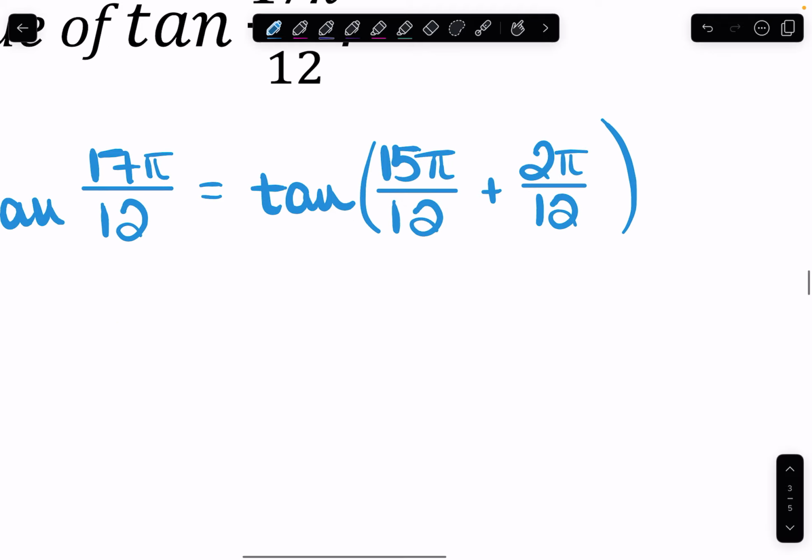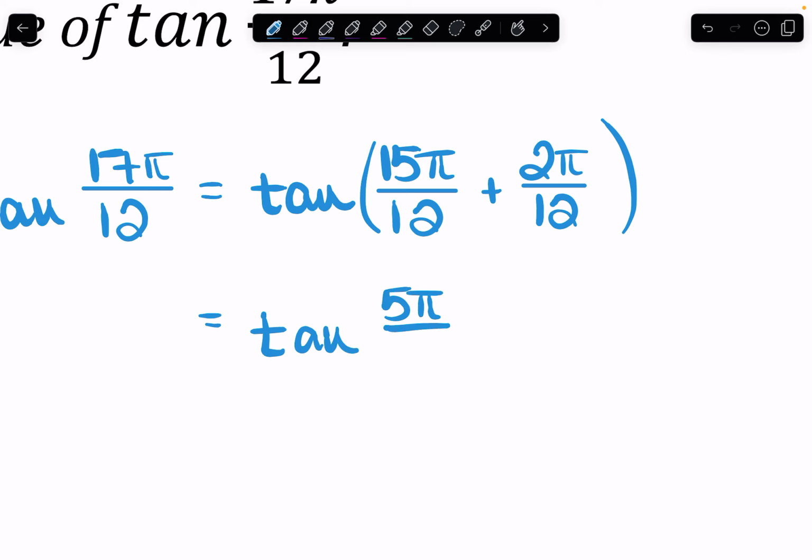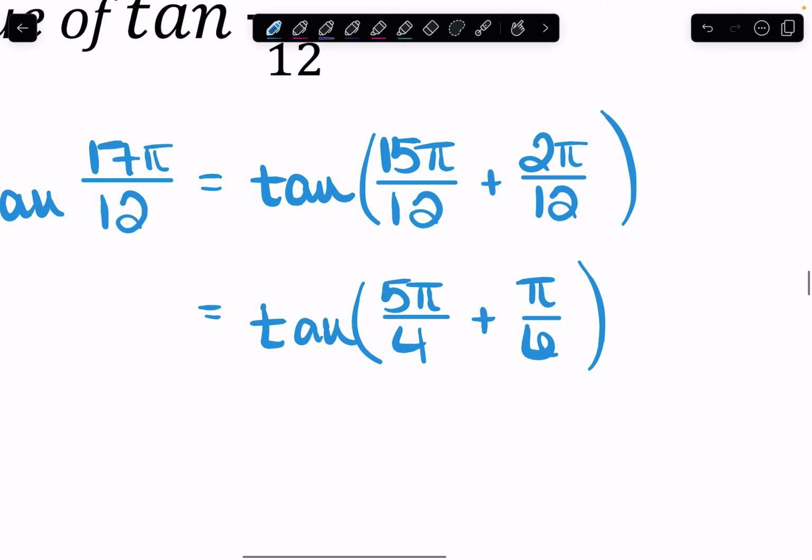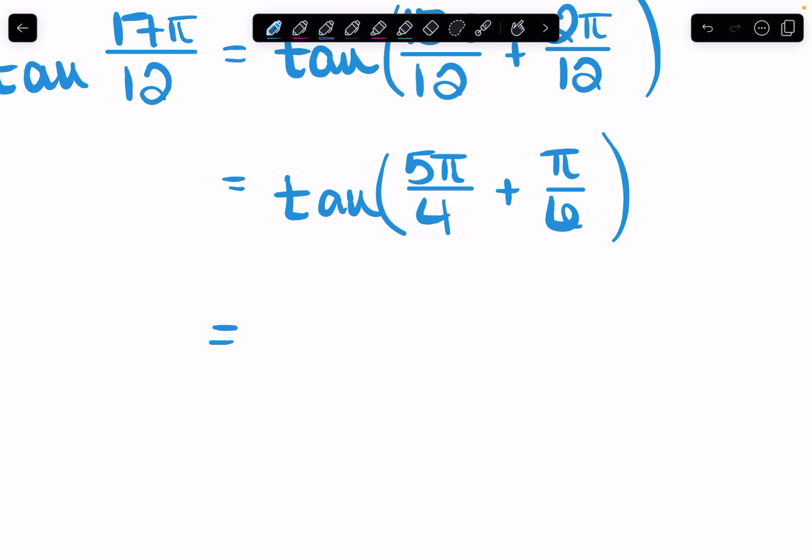All right, reduce first. If we do 15 divided by 12, that gives us 5 pi 4ths. So we're good, that's on the unit circle. And then 2 pi 12ths gives us pi 6. So yes, both on the unit circle. All right, composite for tangent.